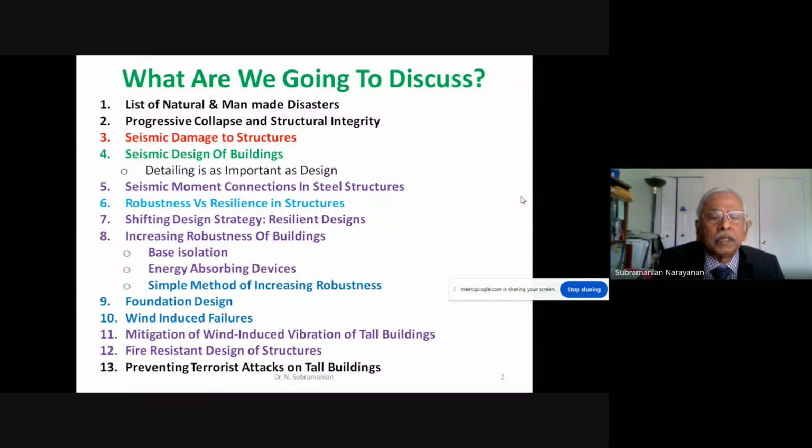And some of the seismic moment connections in steel structures which have been developed in the USA, and what is meant by robustness and resilience in structures, and then about resilient designs and increasing robustness of buildings using base isolation, energy absorbing devices, and also simple method of increasing robustness.